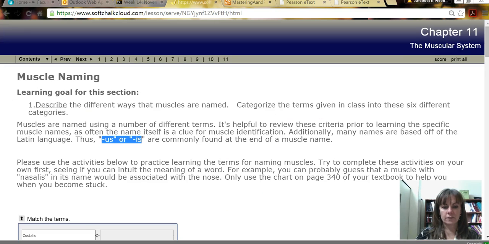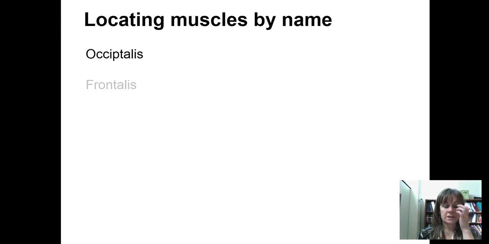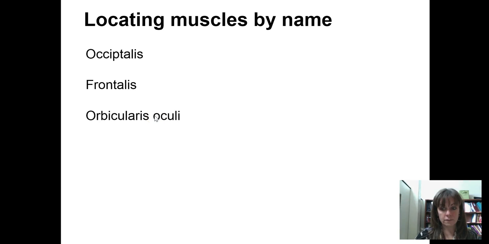Another example. So we've done occipitalis, frontalis. Let's look at this one, orbicularis oculi. Okay, so we have this word orbicularis. We know that means circle. And then oculi, we think of the word ocular, so you may think glasses.